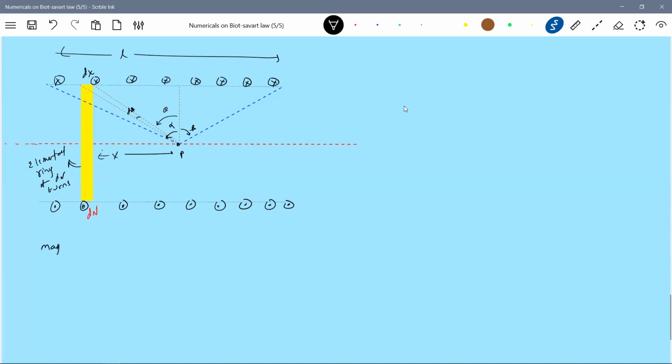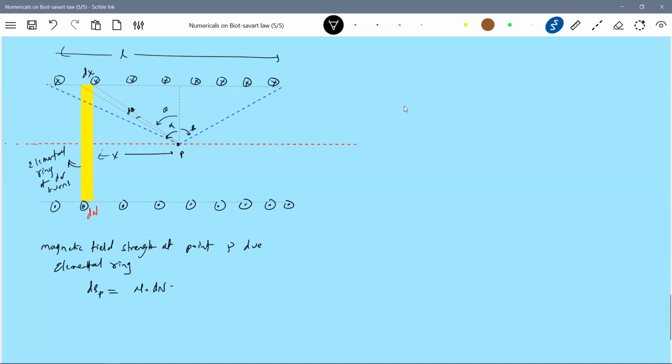Magnetic field strength at point P due to the elemental ring. dBp should be equal to mu naught, dn number of turns, and the current, how much should it be?